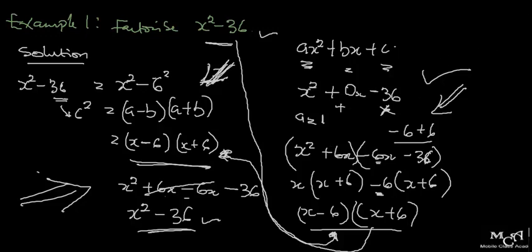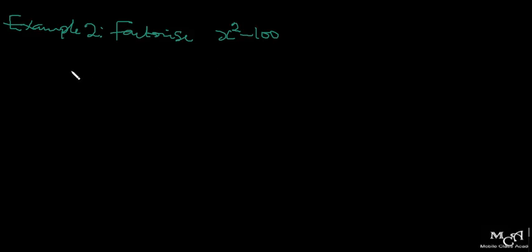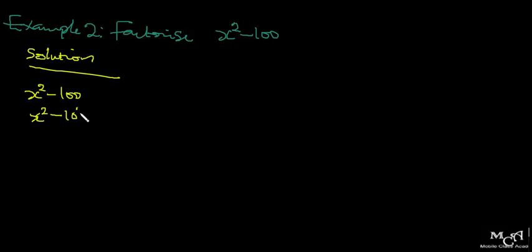Now let's go to example 2. Example 2 is like the former one. It says factorize x squared minus 100. This is similar to what we did earlier. So solution, x squared minus 100 is the same thing as x squared minus 10 squared.